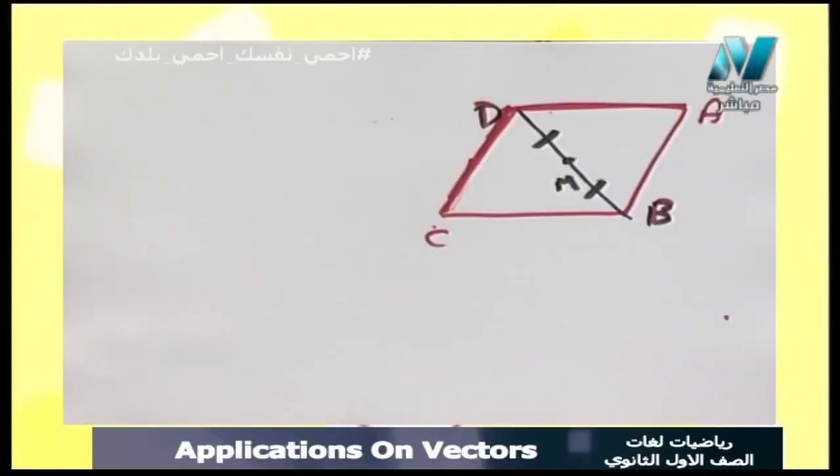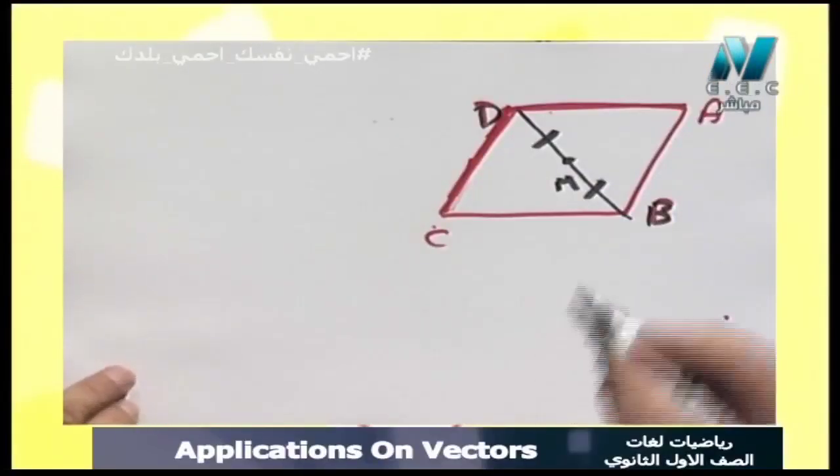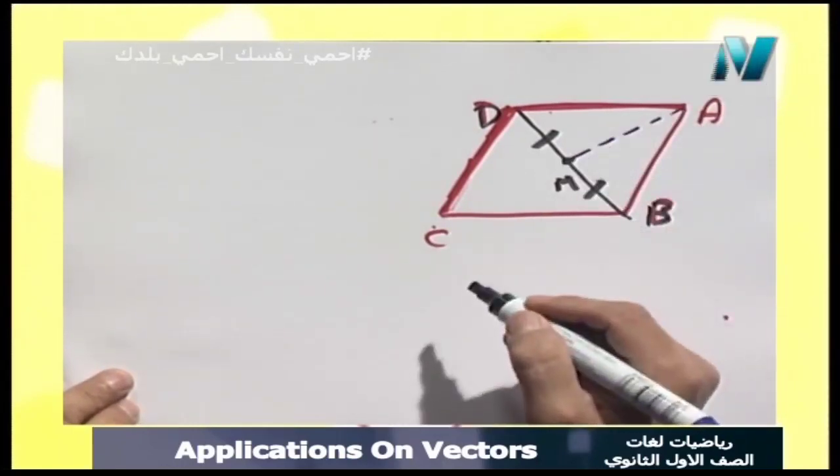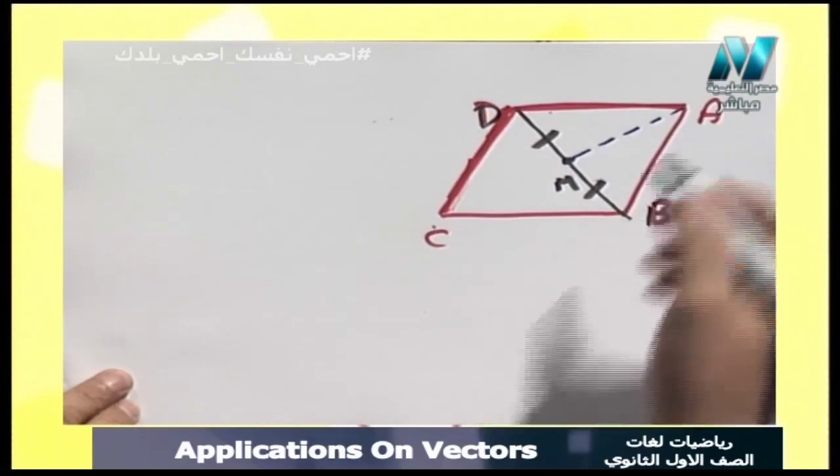Okay, and we have the diagonal here DB, and we have a midpoint here called M, and as a construction we will join AM. Why didn't we say AC directly?